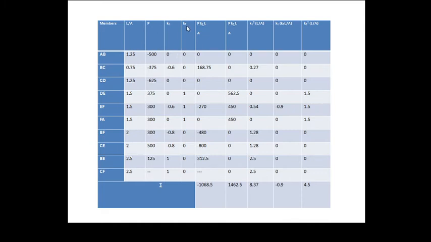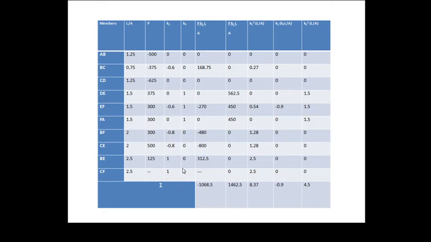Then similarly we apply the force at K2 in the direction 2. We find out the member forces by method of joint here, that is 0 0 0 1 1 1 0 0 0 0. We are getting these forces.